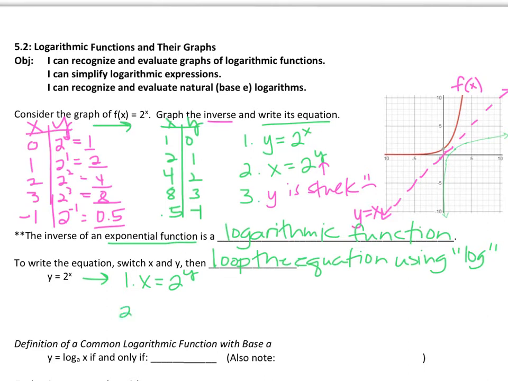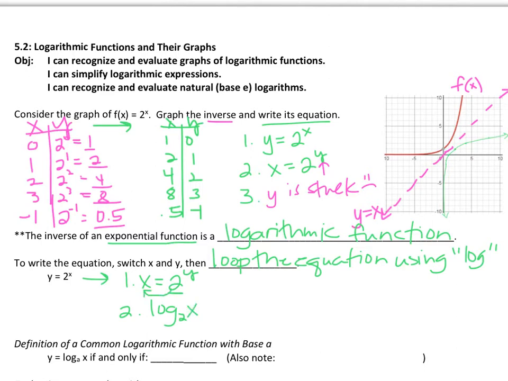And then I'm going to loop it using the prefix log. We literally start with that log prefix. Notice the base of our equation is 2, and that's going to be our little sub-base for the logarithm. So here's where the looping comes in. The 2 and the y are going to be on opposite sides of the equation for the inverse. So what comes next, we're going to take the log of x.